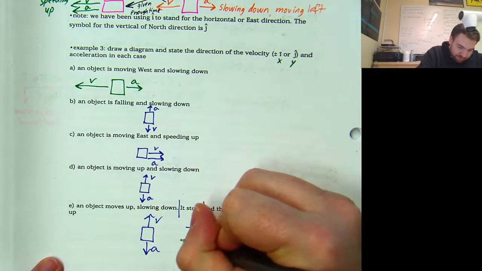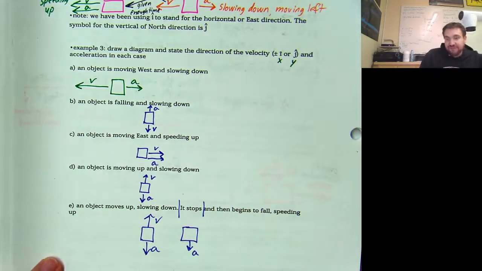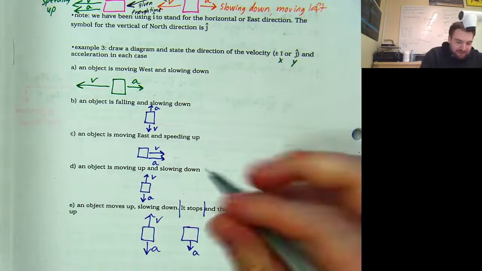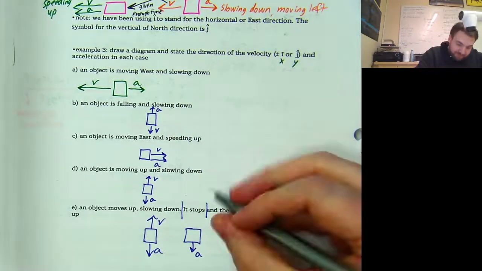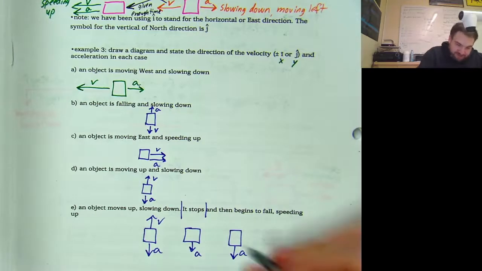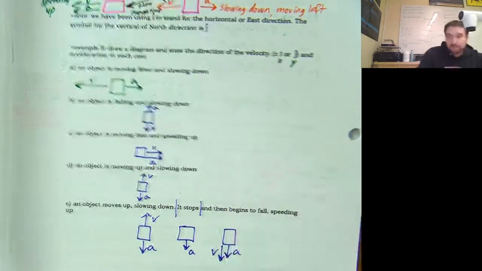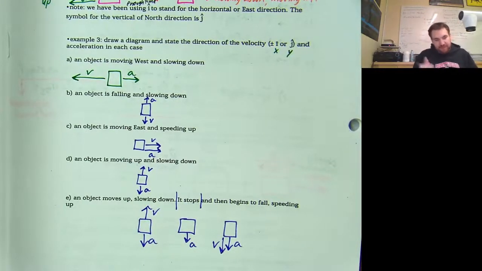Stopping, the acceleration doesn't change. The acceleration is still down. It doesn't stop accelerating, but it has no upward velocity. For a moment in time, it stops. It's still accelerating downwards, but now it's starting to speed up in that direction. Flip the page.